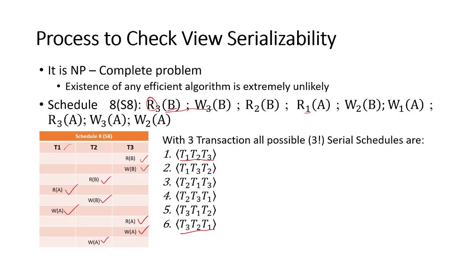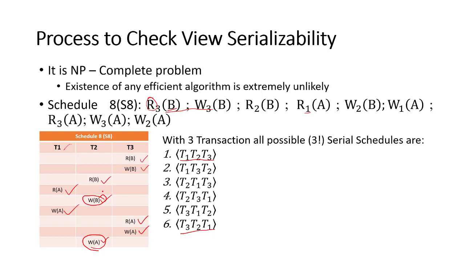Now what should we check second? Not the initial read. First, we are going to check which transaction is performing the final write on each and every data item. Here you can see that transaction 2 is performing the final write on data item A, and is also performing the final write on data item B. So for both data items A and B, transaction 2 performs the final write operation.